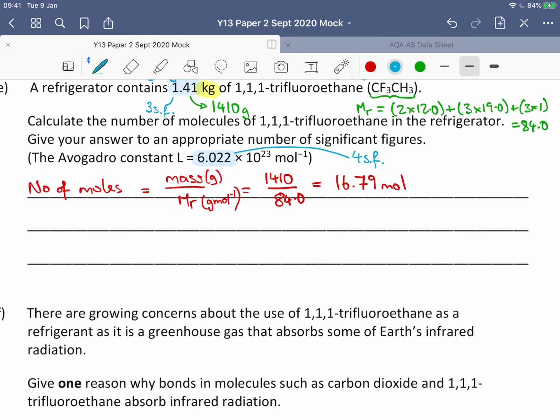Okay, now we want the number of molecules. So the number of molecules is going to be the number of moles, which is 16.79, but obviously I've left the number in my calculator, times the number of molecules in a mole, which is Avogadro's constant.